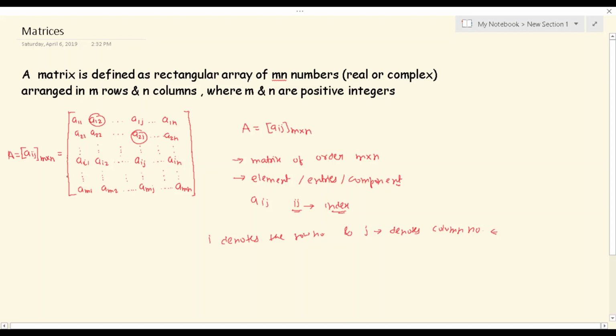Here we have written this matrix in square bracket. We can either choose this square bracket to write this matrix, or this curved bracket, or this symbol to denote this matrix.